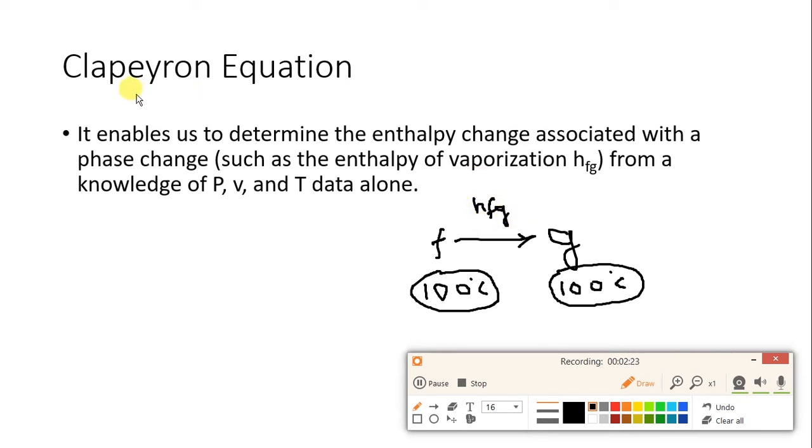So the Clapeyron equation helps us determine the enthalpy change associated with phase change. Phase change means the temperature remains the same, the pressure remains the same, only the phase is changing. So how to calculate this hfg value? It is given by this Clapeyron equation.